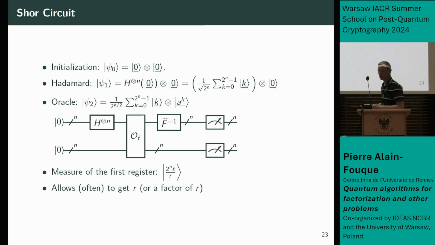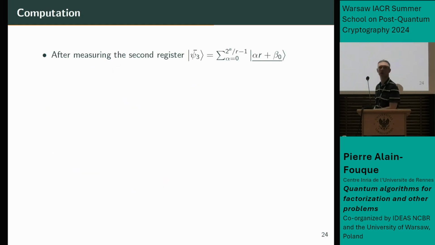Usually from this state it is very easy to recover R, and if we are not able to recover R precisely, we will get a factor of R, and we can redo the computation. Once you get a factor of R, it's not complicated to know R.